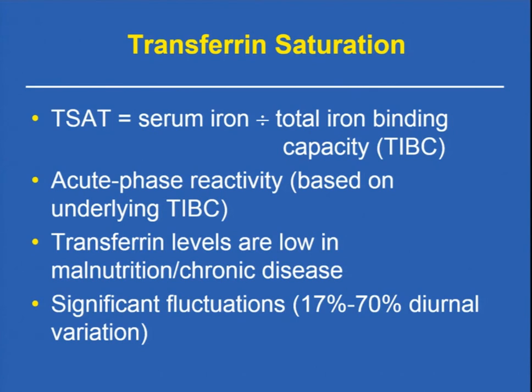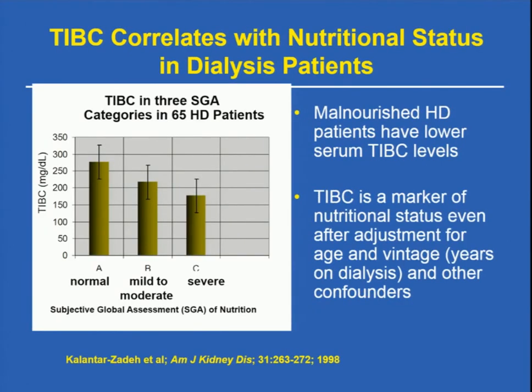Transferrin levels tend to be low in malnutrition and chronic disease, transferrin being a protein, so chronic disease and nutritional adversity will impact all protein synthesis, including transferrin. And there are also significant fluctuations in the transferrin level that are diurnal or based on other factors that may affect the transferrin saturation based on the underlying transferrin level.